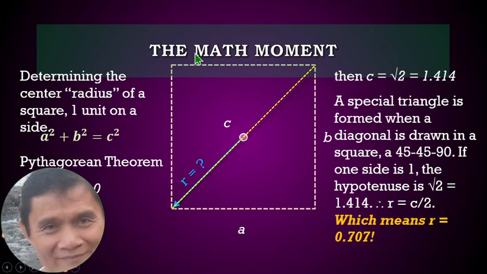So, we draw this diagonal. This forms what you call a 45-45-90 degree special triangle. And it's already known that if this is 1 and 1, this is the square root of 2. Which means that r is half of the square root of 2. And that's 0.707. You'll encounter that number several times.